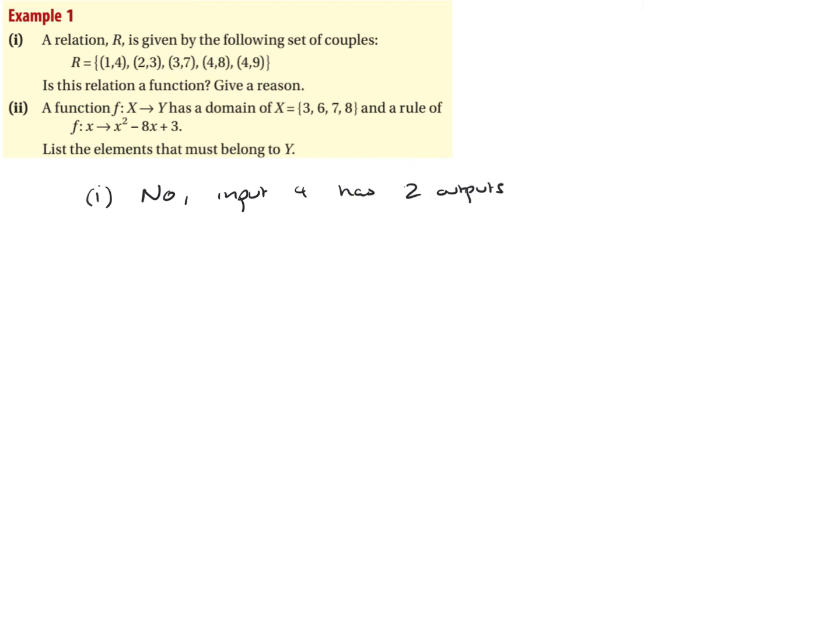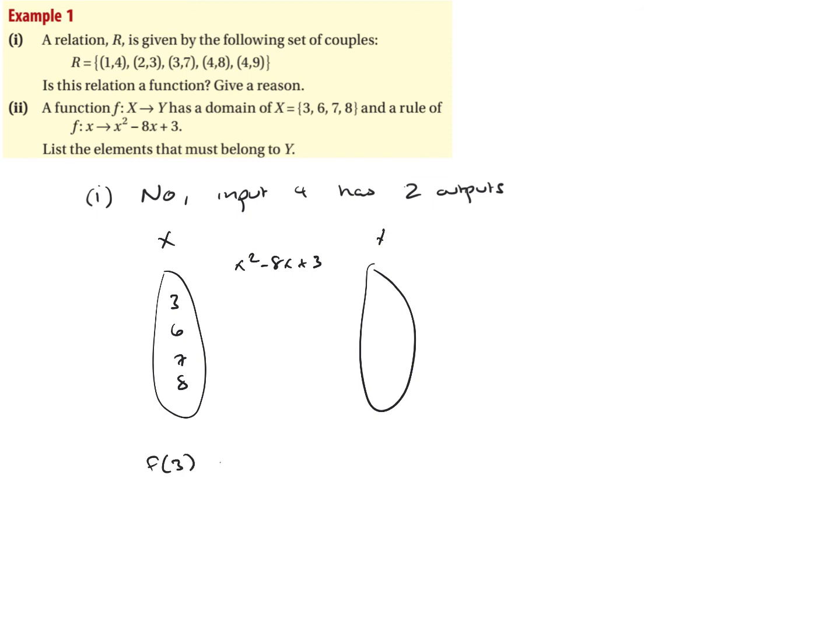We'll do this as a mapping diagram, in fact. So we've got 3, 6, 7, and 8. I'll just draw a y, so there's our x, there's our y. Our function is x squared minus 8x plus 3. Okay, so first thing we're going to do is put f of 3 through.